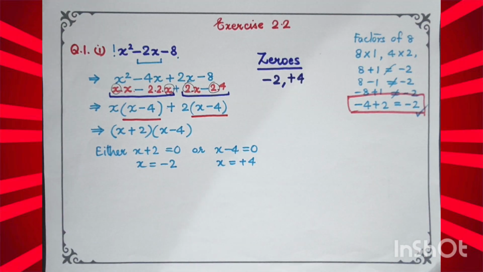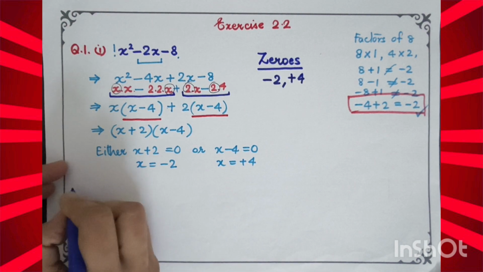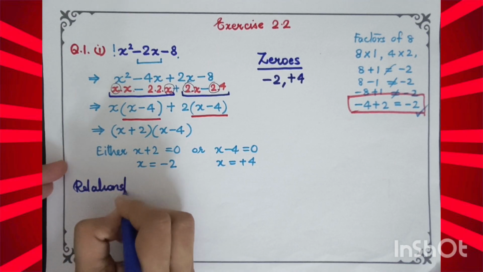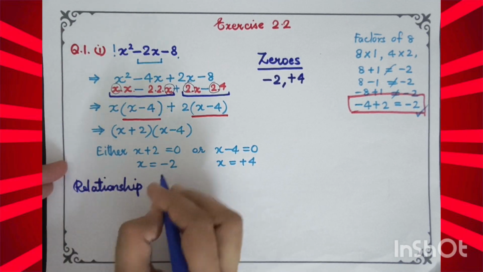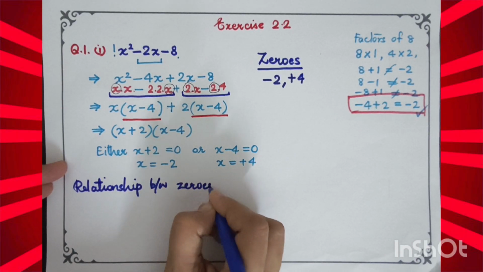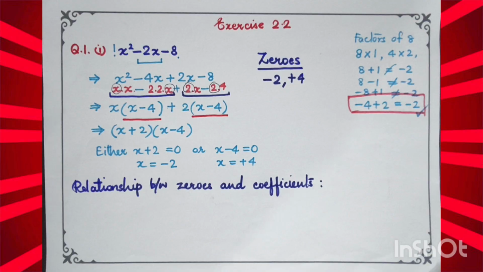After finding the zeros, now we have to verify the relation of the zeros with the coefficients. There are simple formulas for the relationship between zeros and coefficients.